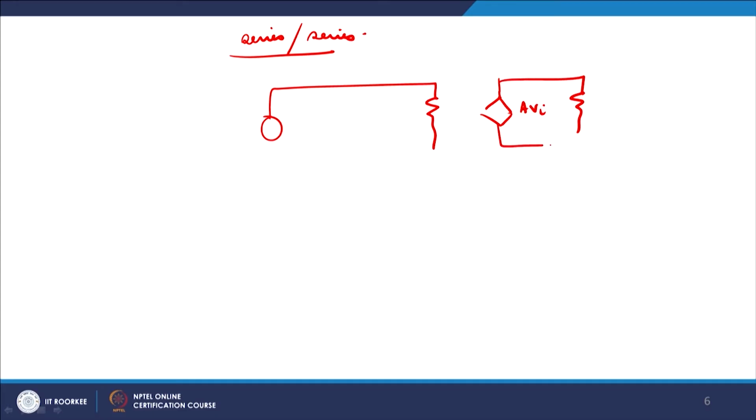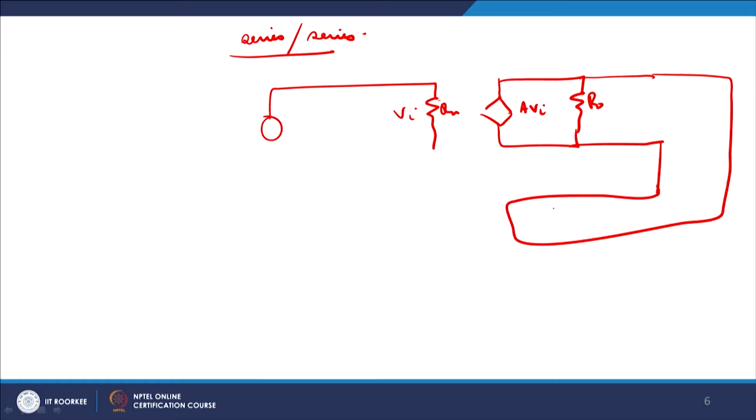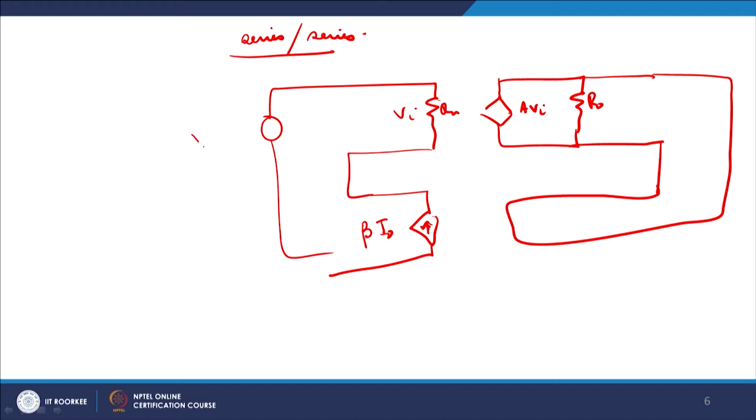You have a current, a voltage Vi, then a current here, then Ro, this is Ri, and the same thing goes on this side, then this is shorted, and then you have beta times Io, which will be a current, and this is the voltage source Vs.